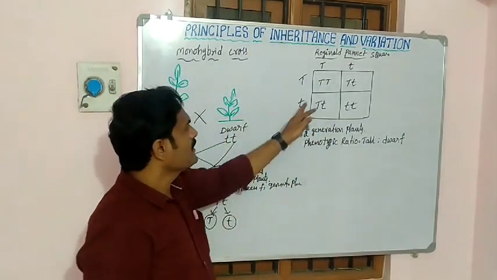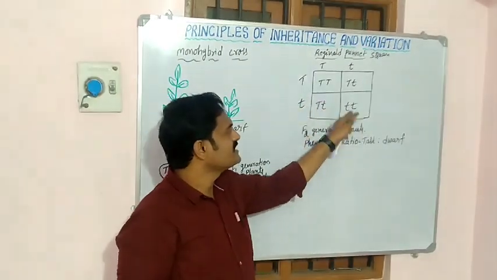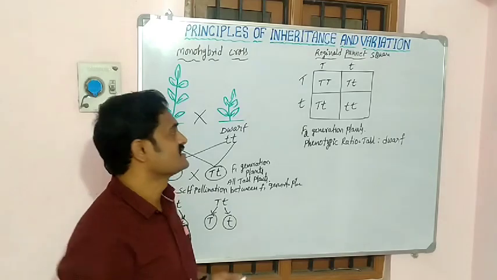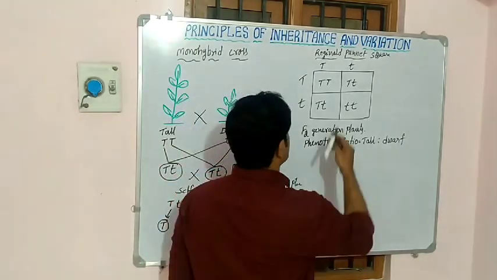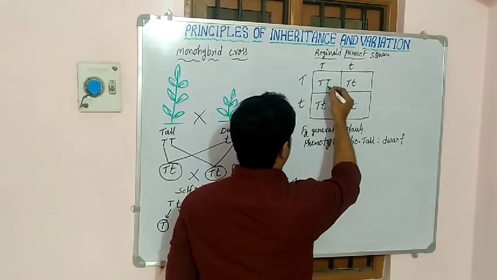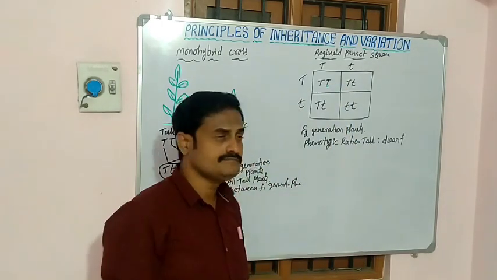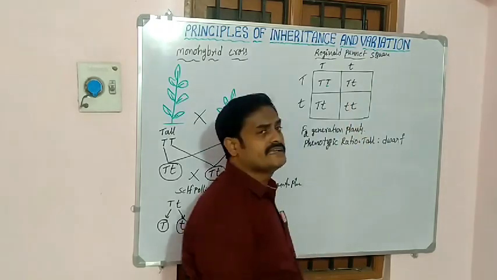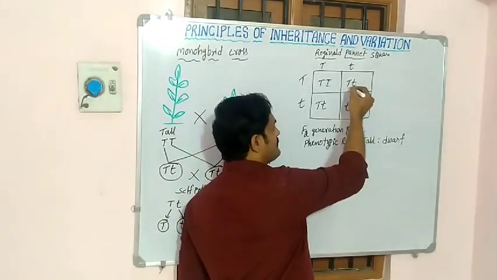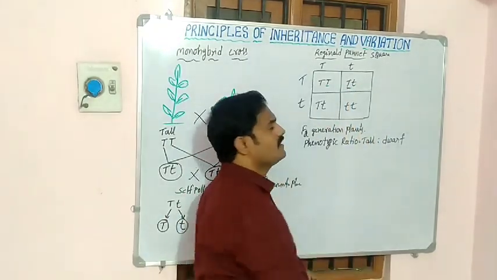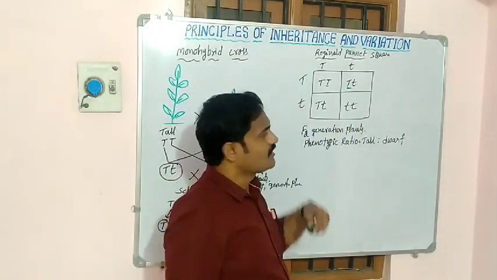See how many tall plants and how many dwarf plants are present here. Capital T and capital T is which type of plant? It is a tall plant. Then capital T, small t: here also capital T is dominant, so this is also a tall plant.